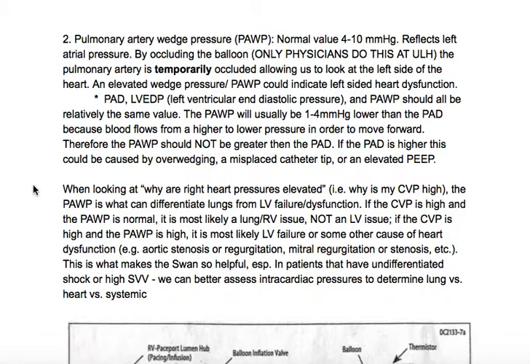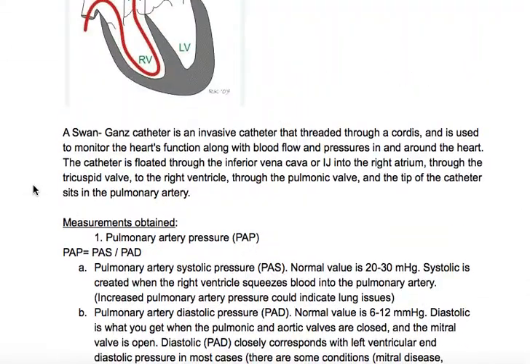So your normal value is between 4 and 10 millimeters of mercury. It reflects your left atrial pressure. So by occluding the balloon, you block that pulmonary artery, and it lets us look at the left side of the heart. An elevated wedge pressure could indicate left-sided heart dysfunction. So let's go back up to the picture here.